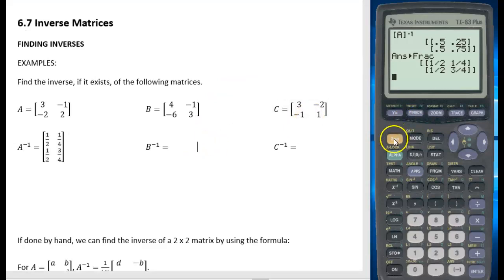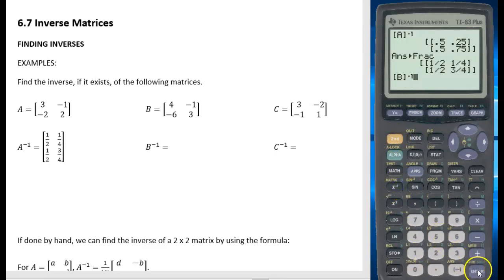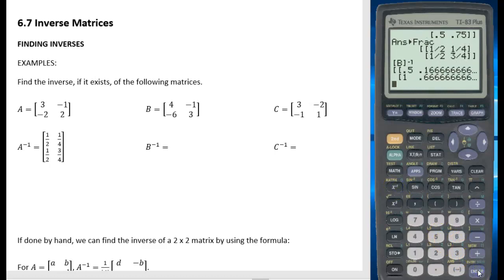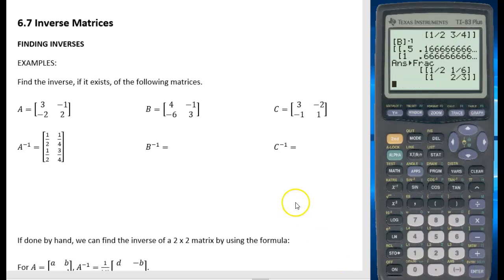Okay, next one. I'm going to grab matrix B, inverse. Oftentimes these are decimals, and this one for sure decimals. So that's fine. Math, fraction, enter. And there we are.